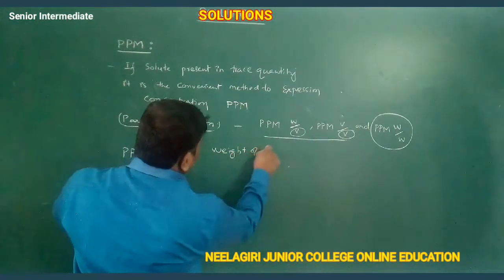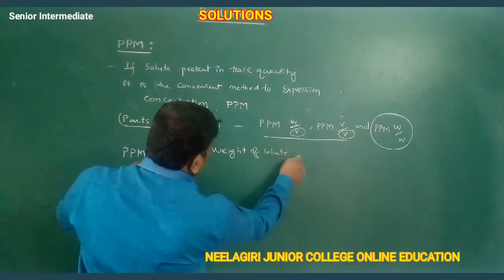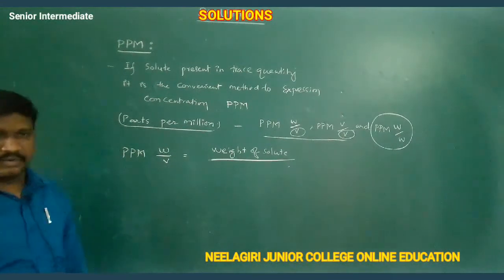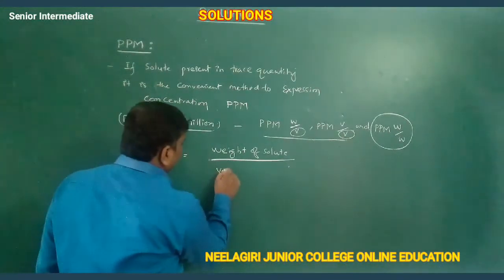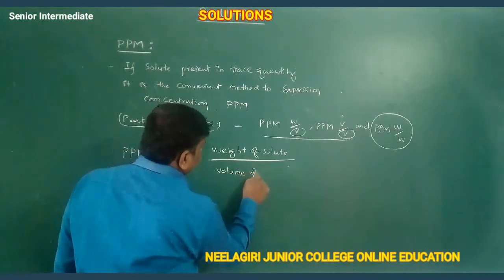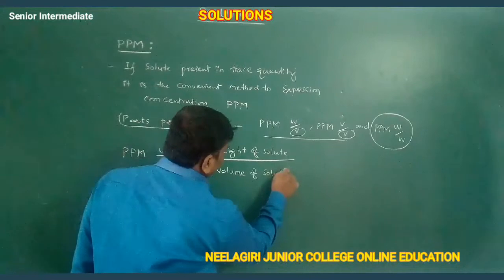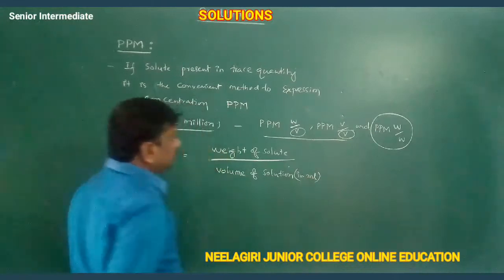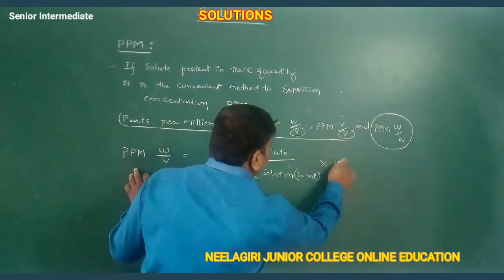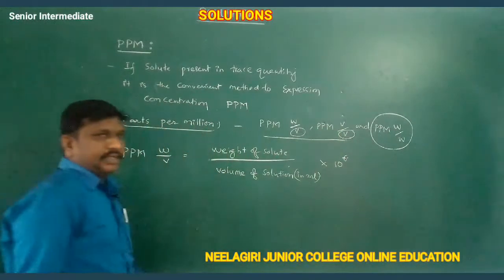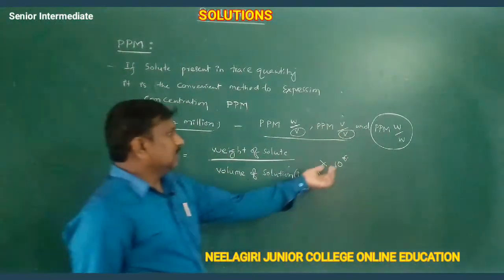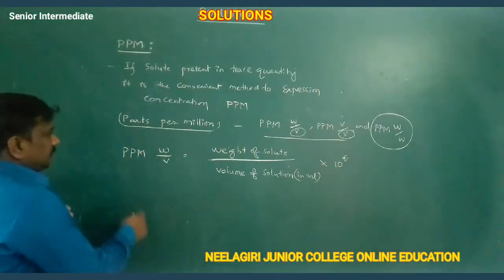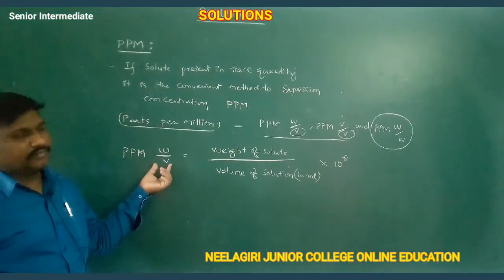Weight of solute by volume of the solution in milliliters into million. Million means 10 to the power of 6. So this is the definition for ppm weight by volume.